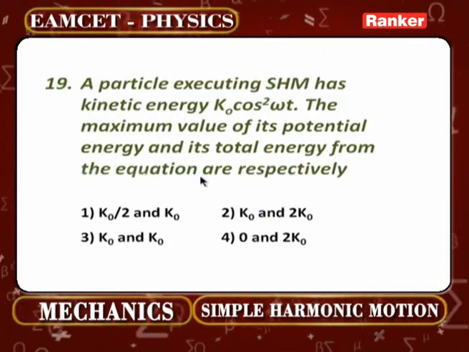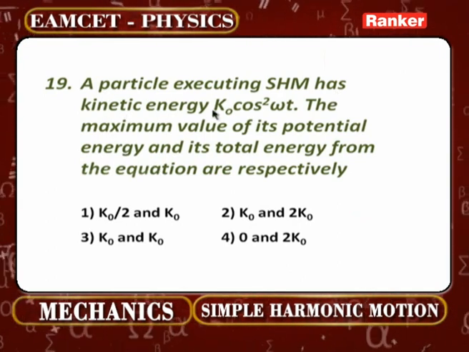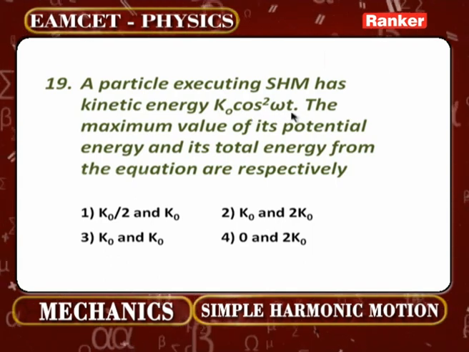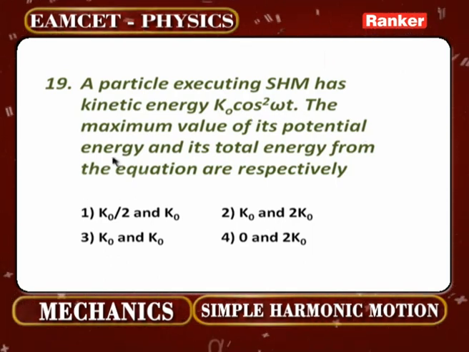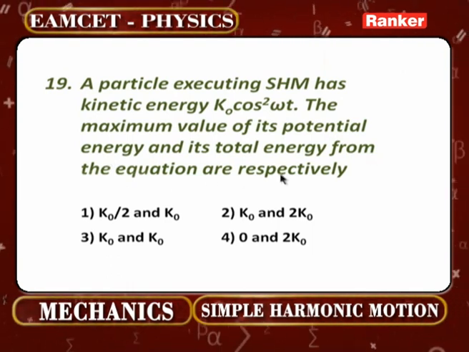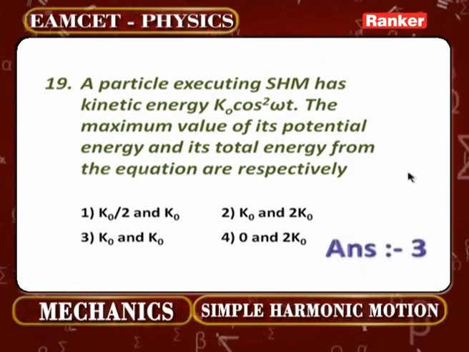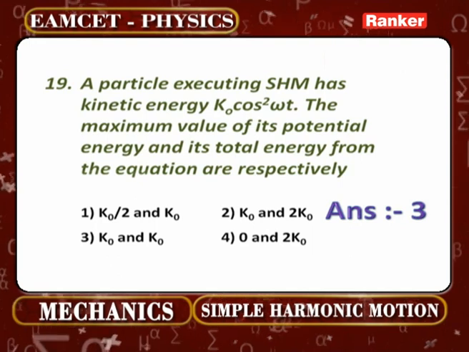Question number 19. A particle executing SHM has kinetic energy K0 cos square omega t. The maximum value of its potential energy and its total energy from the equation are respectively how much? One should understand the language carefully here, the terminology in fact.